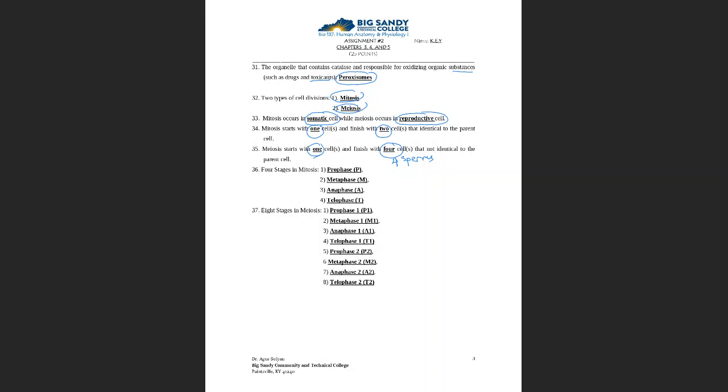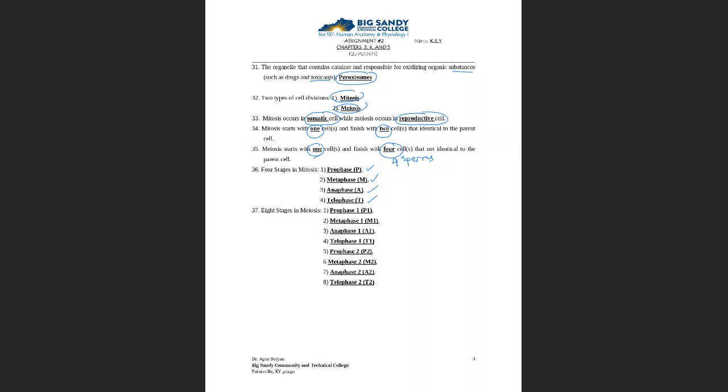Now the stages, there are four stages for mitosis. And remember, P-MET, okay, that's the sequence. Prophase, metaphase, anaphase, telophase. For the meiosis, it's going to be double stages because it's producing double cells. Okay, if mitosis only produces two, the meiosis produces four. So the production is double.